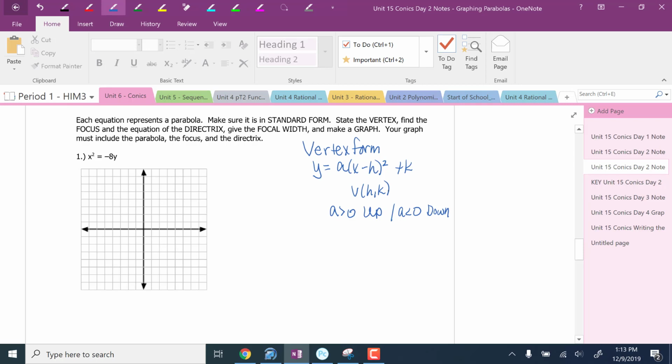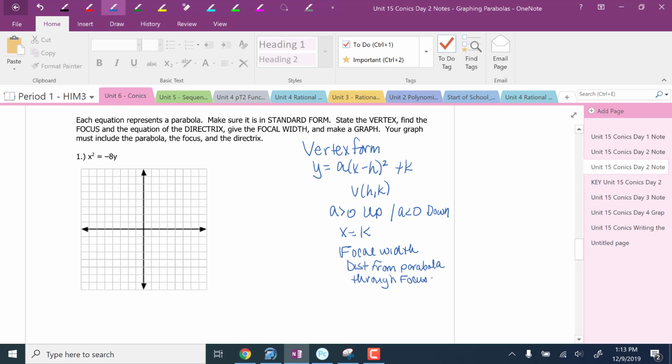Now we have some other features here. We've got our axis of symmetry at x equals h, but now we have some new things. We have a focal width, which is the distance from the parabola through that point called the focus.